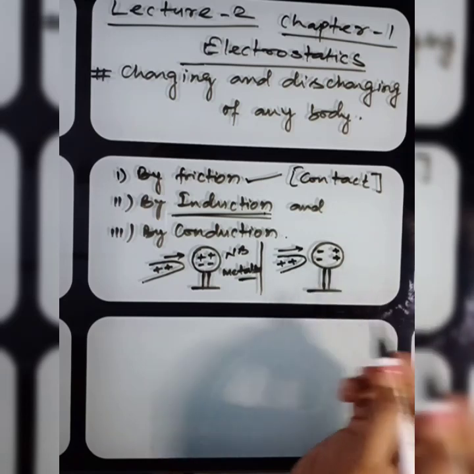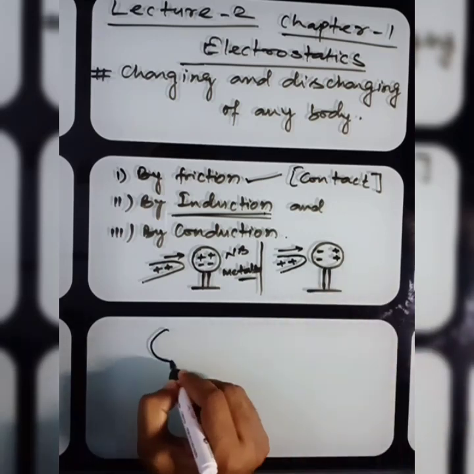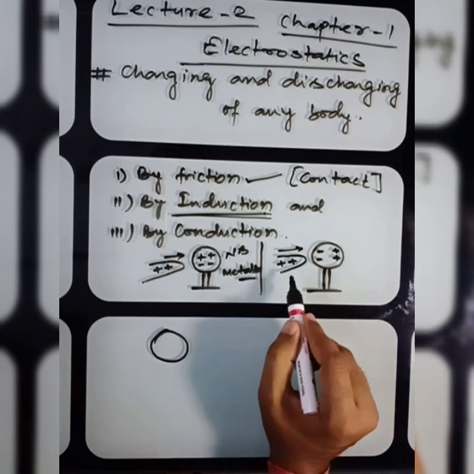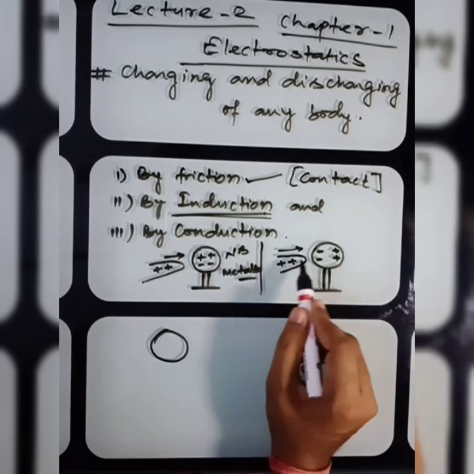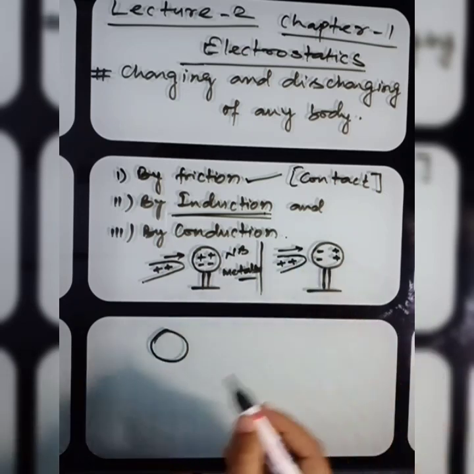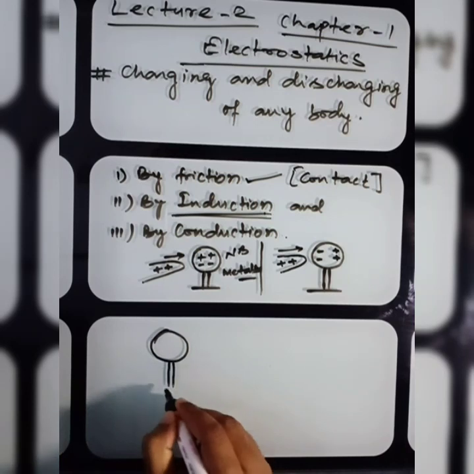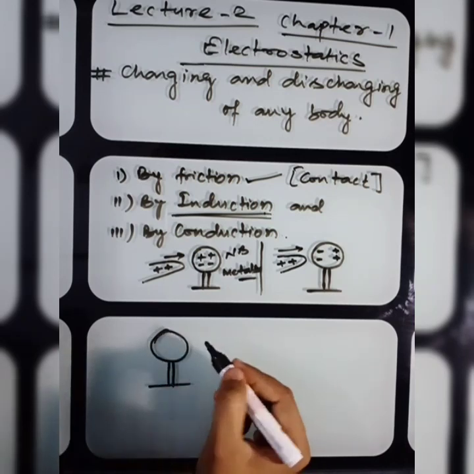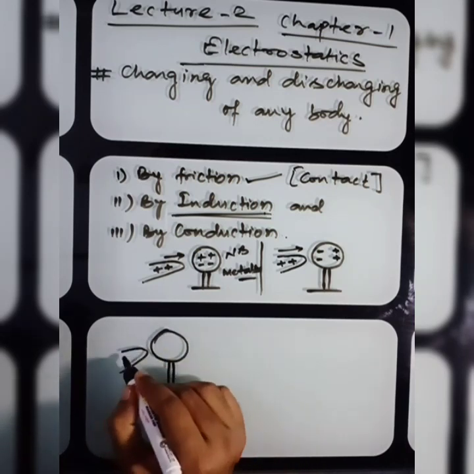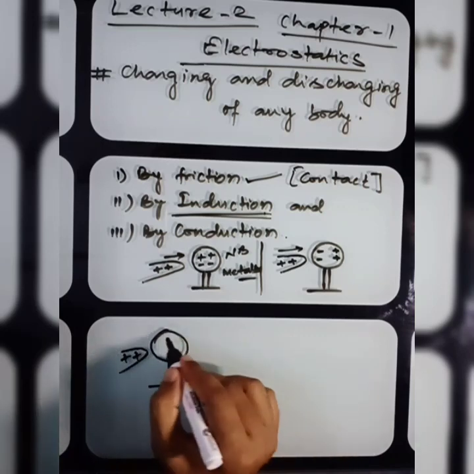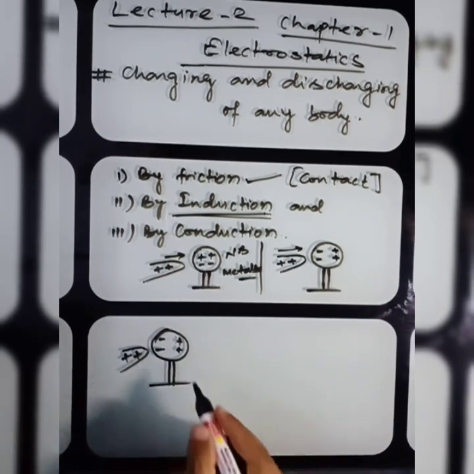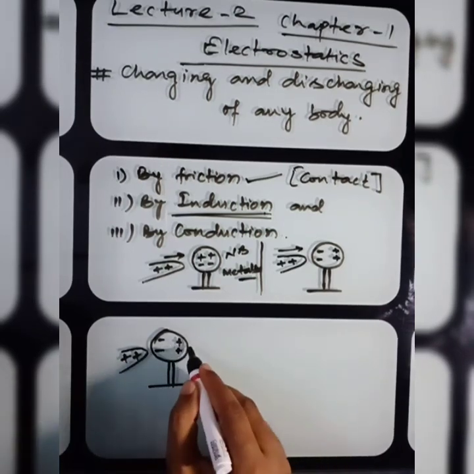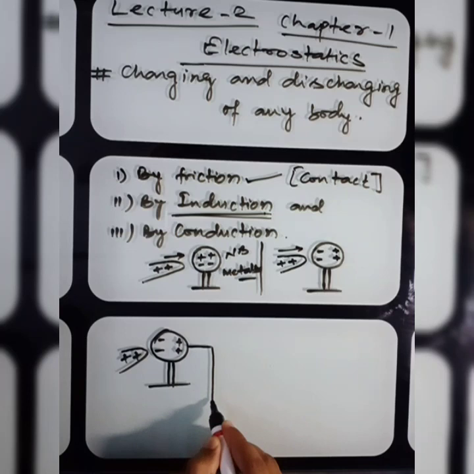Now in the next process, remember, you are not making any physical contact between this rod and this spherical body. This side is negatively charged and this side is positively charged. This positive charge is at high potential, which you will study later on.